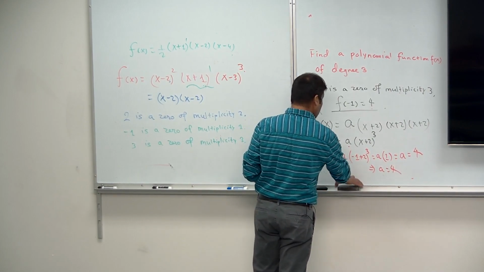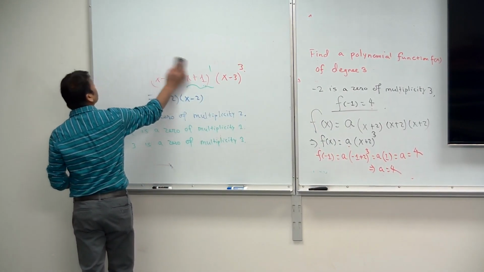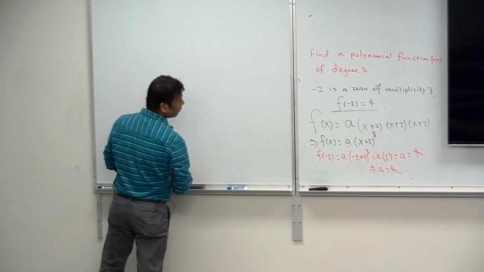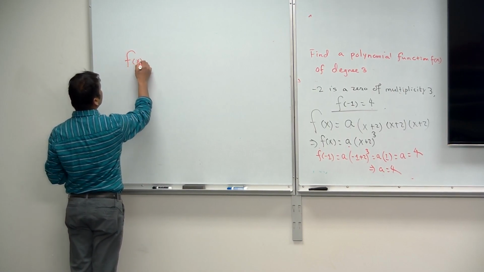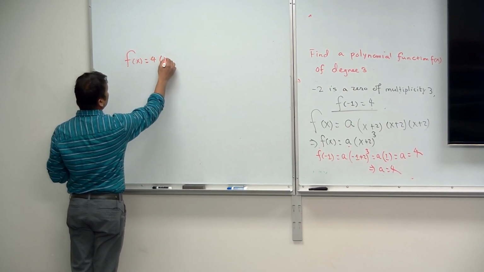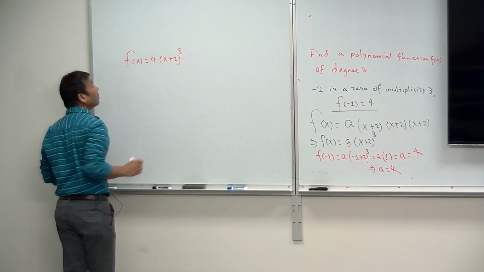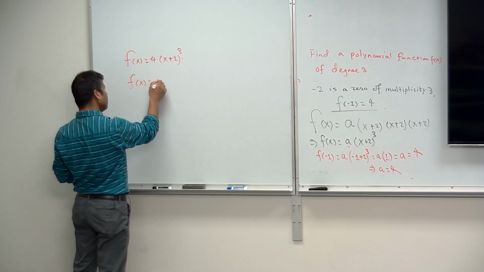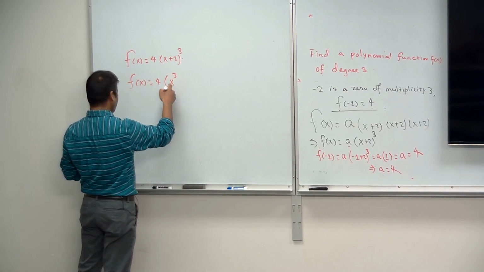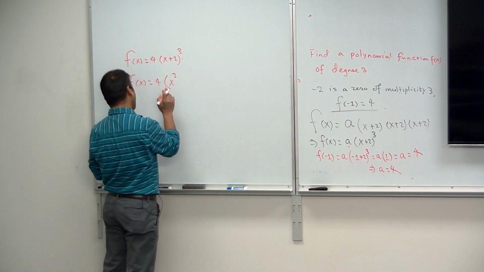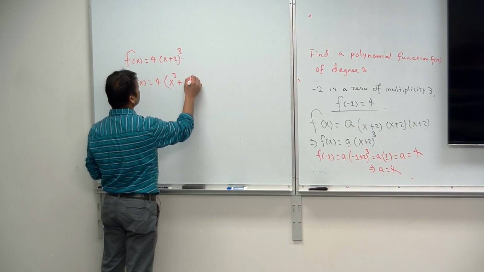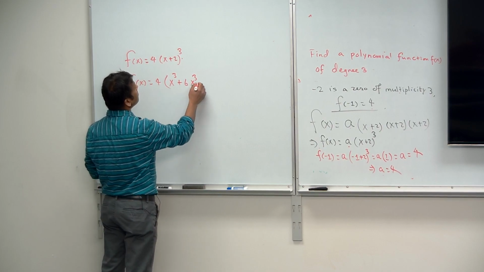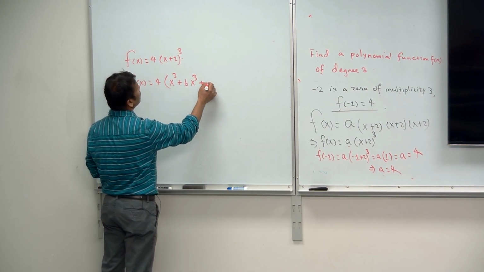So you plug in 4 there, and your polynomial function f of x is 4 times x plus 2 whole cubed. If you want to expand this, I'll just write down the answer. This is x cubed plus 6x squared plus 12x plus 8, using 3a squared b plus 3ab squared.